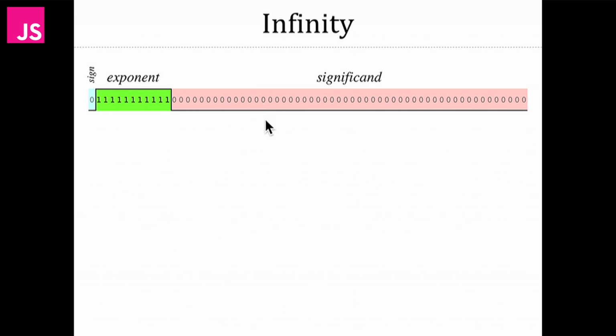And what will happen if we try to change the significand bits to 1? Bang! We get a NaN. And it's not because there is some error. Actually, floating point representation defines not a number value. So if all the exponent bits are set to 1 and any bit in the significand is set to 1, it's not a number value.